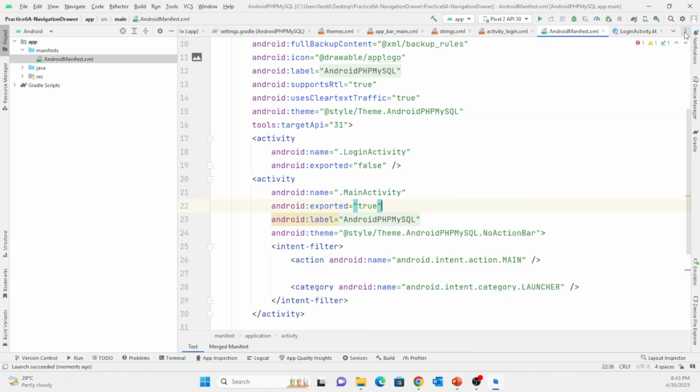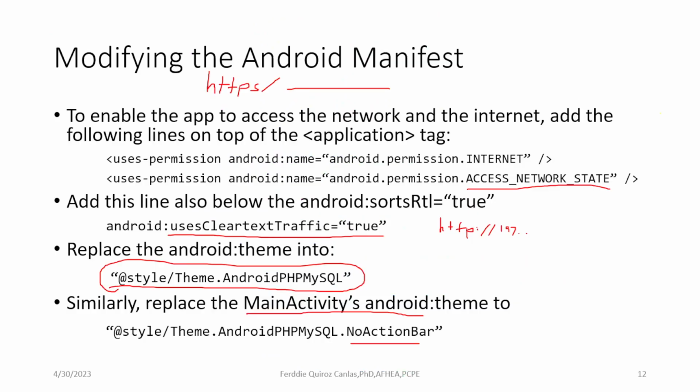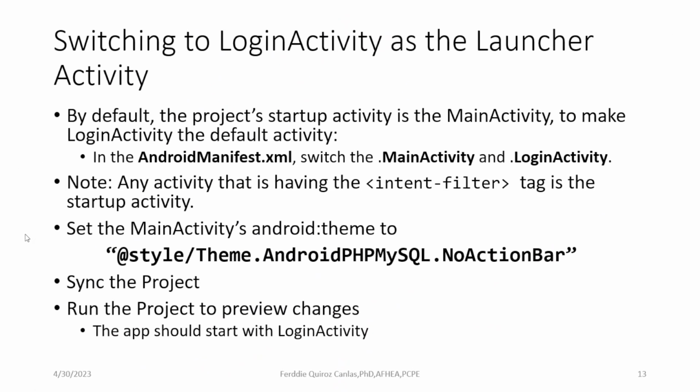So we need to switch to the login activity as the launcher activity, or startup activity, of our application. So again, we have to go to the Android manifest XML and just switch the position of the main activity and the login activity.